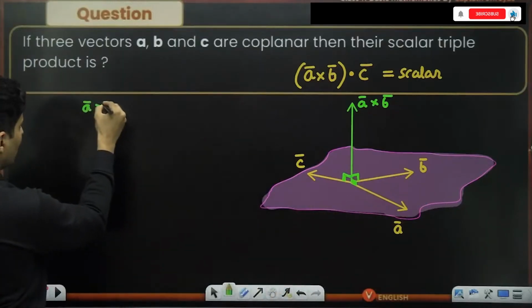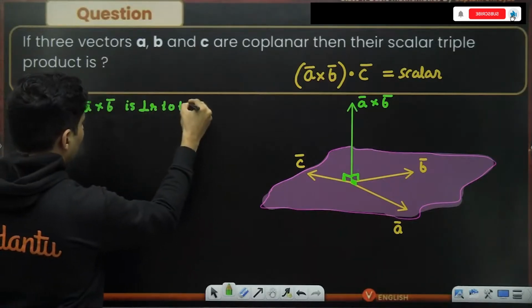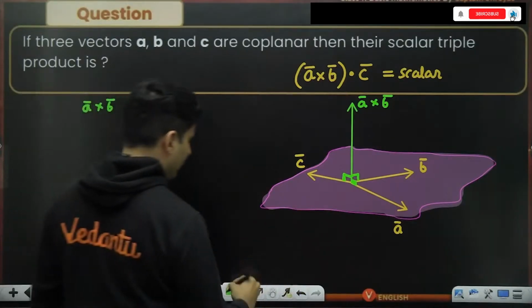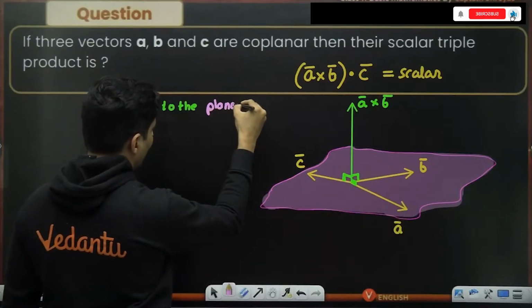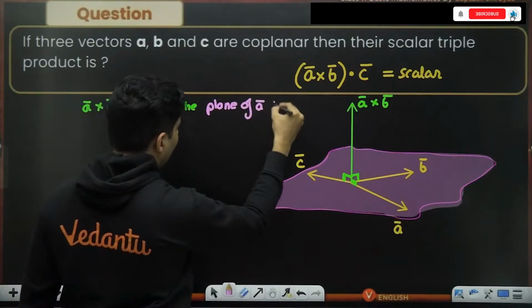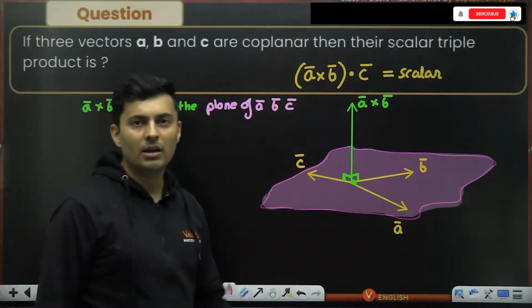So A cross B is perpendicular to the plane of A bar, B bar, and C bar.